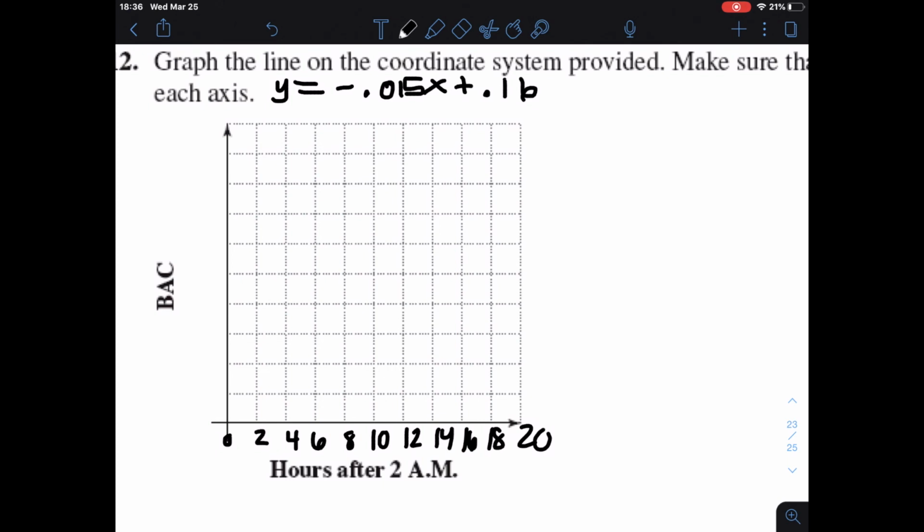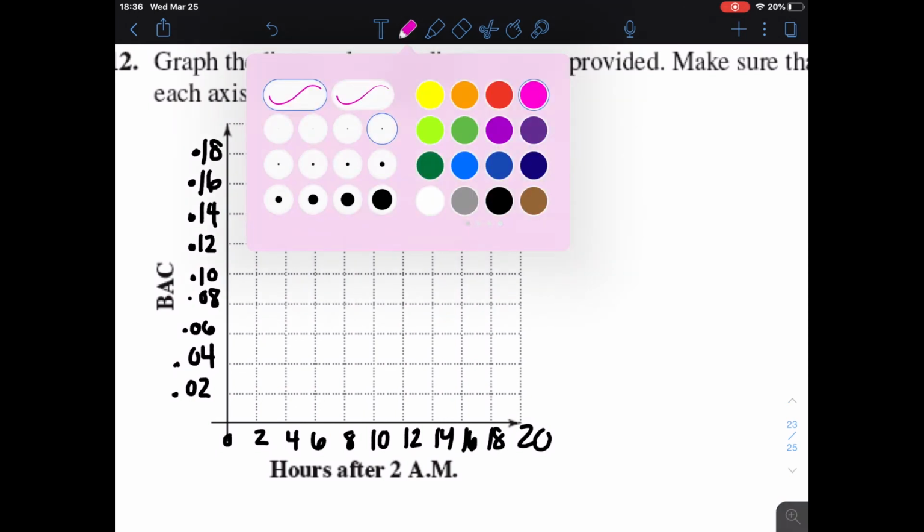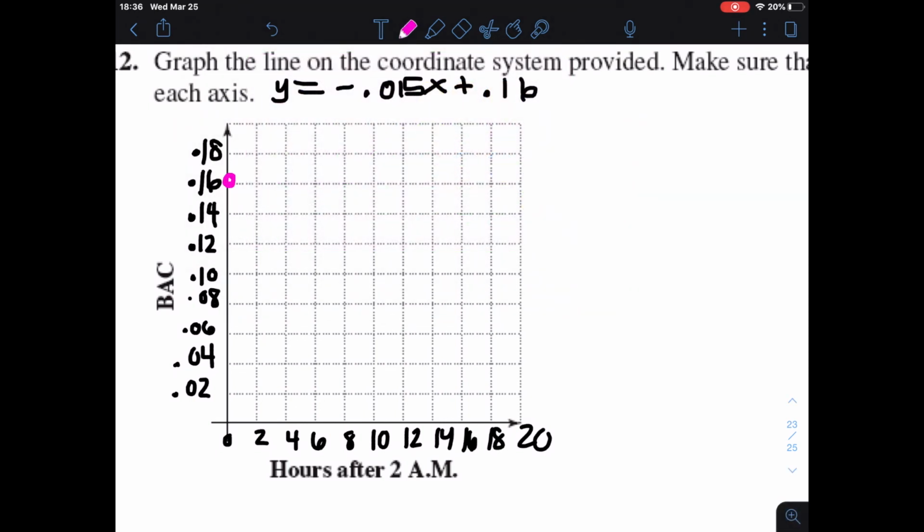And then for his BAC, I'm going to go up by 0.02. So 0.02, 0.04, 0.06, 0.08, 0.10, 0.12, 0.14, 0.16, 0.18. So we know after 0 hours, his blood alcohol concentration starts at 0.16.